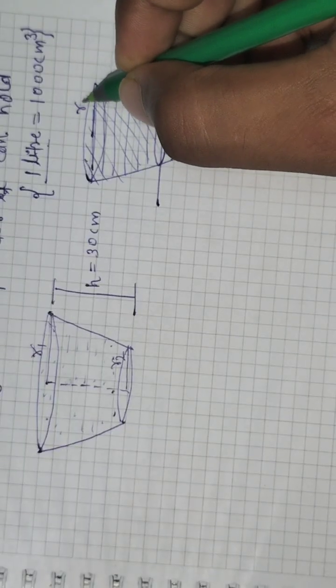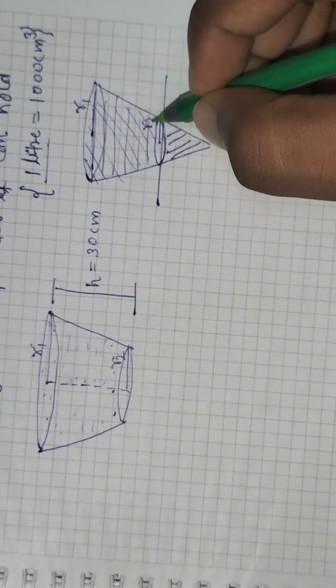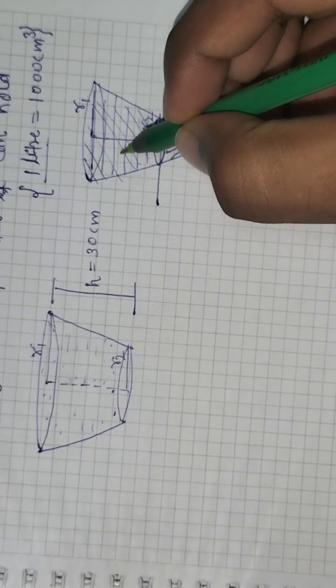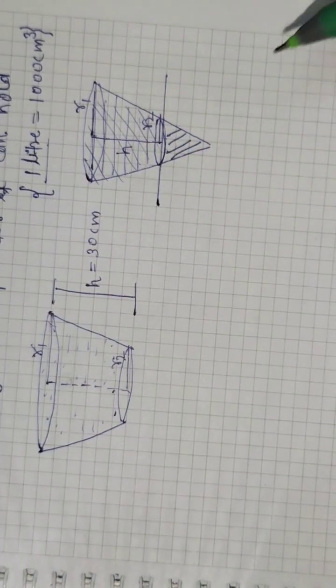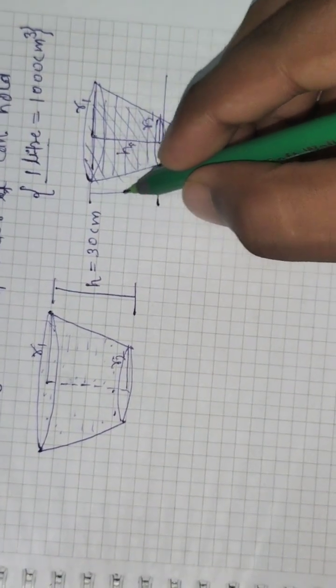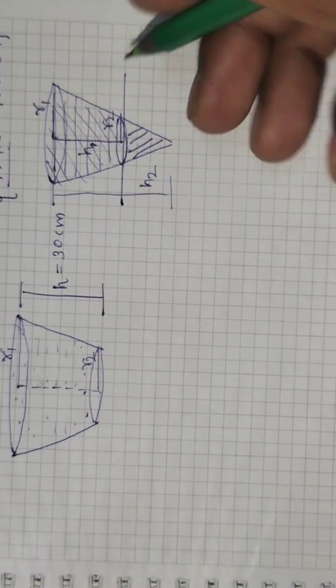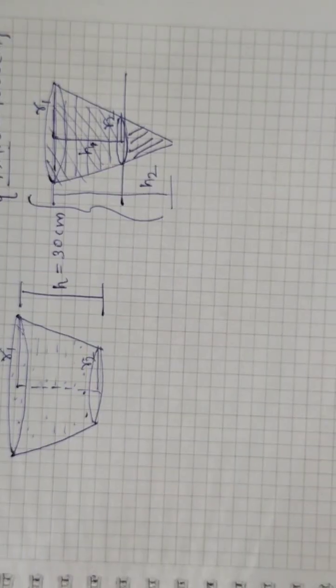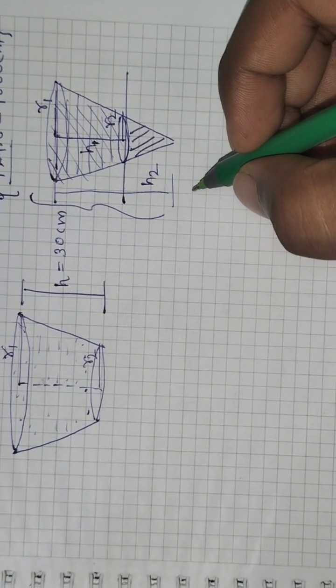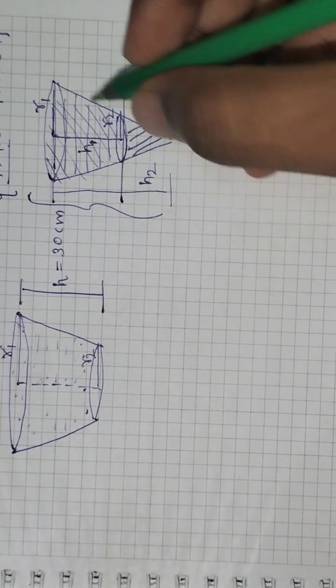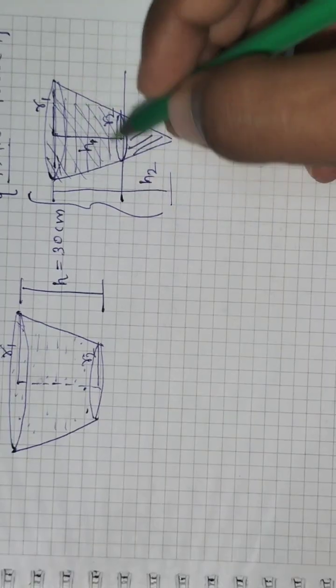Let's say this is r1 and this is r2, this height is h1 and this height is h2. So firstly we will derive the formula. Let's say we need to calculate this volume.